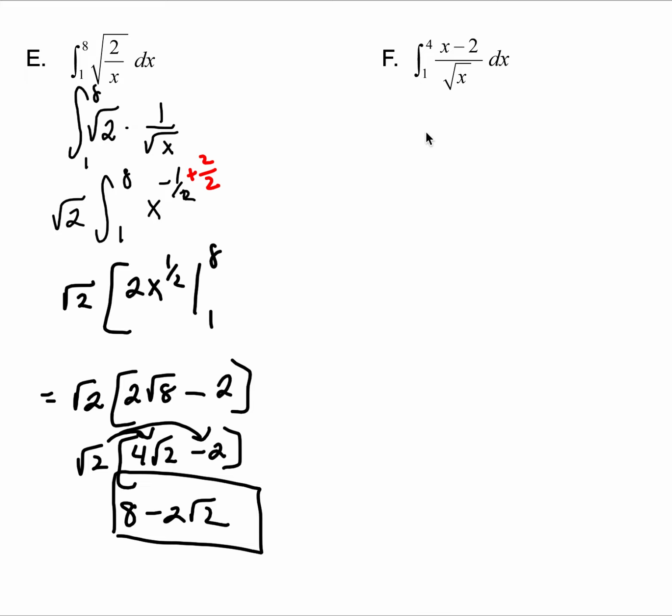And if we do that, we end up getting the integral from 1 to 4 of x to the 1/2 minus 2x to the negative 1/2.